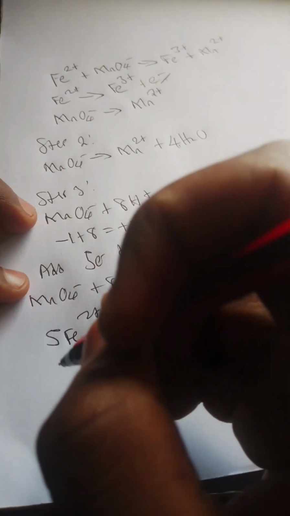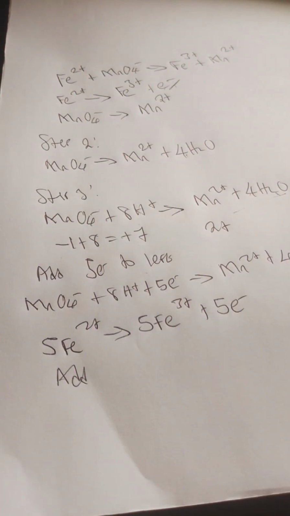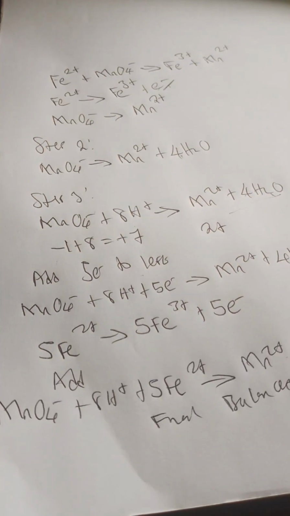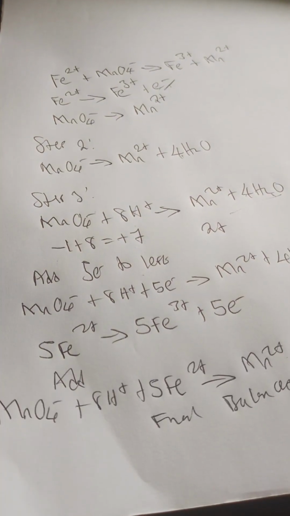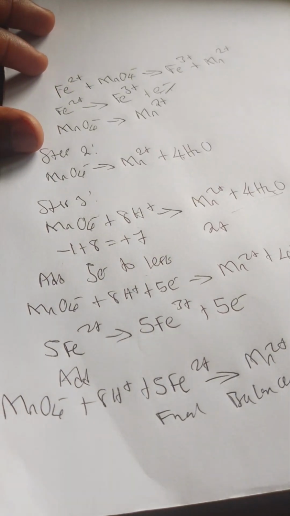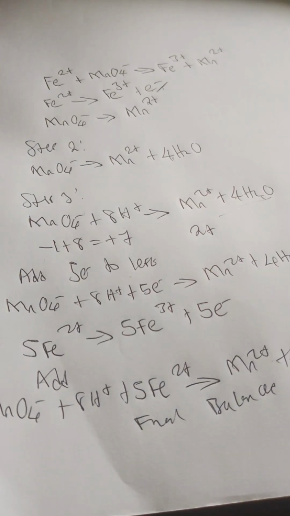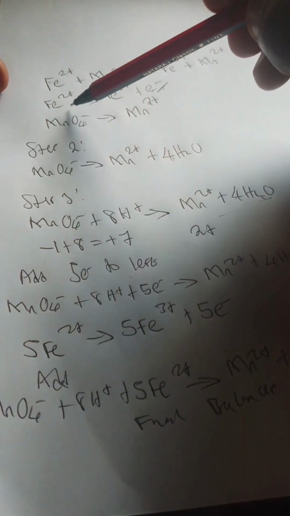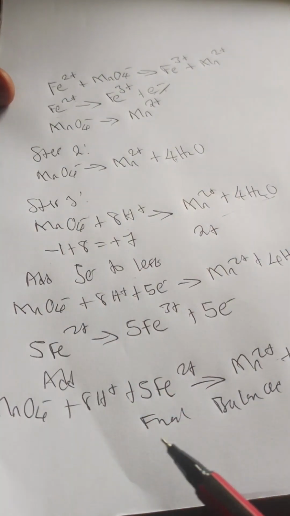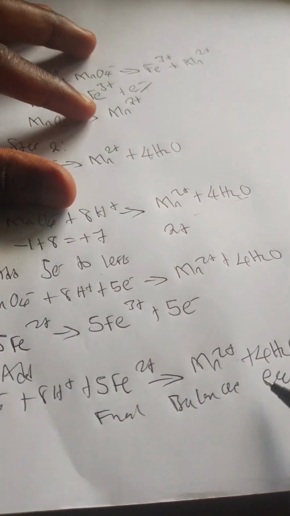This is our final balanced equation, but we have just added what's on the left side, which is MnO4 plus 8H plus 5Fe2 plus. So we have just added the reaction. As you can see on Fe, we just multiplied by 5, which is here. So you just write what's on the left side and what's on the right side also. That's the final balanced equation.